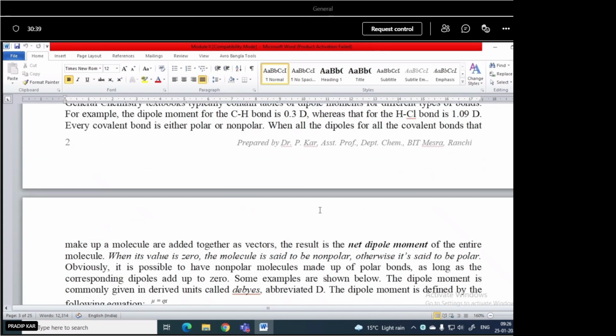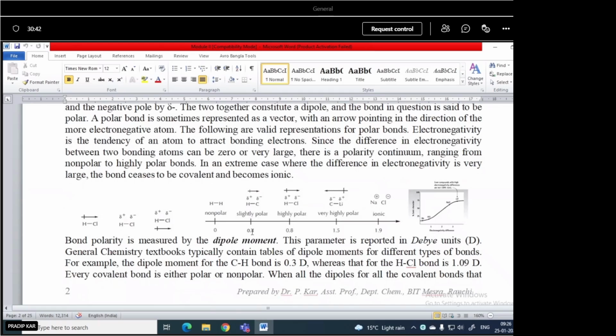Let us explain the bond polarity a little more. Say for hydrogen, it is non-polar, having bond polarity 0. In case of HI, the electronegativity difference is very small, and that is why it is slightly polar. If we increase the difference of electronegativity, as in case of HCl, the polarity is further increased.